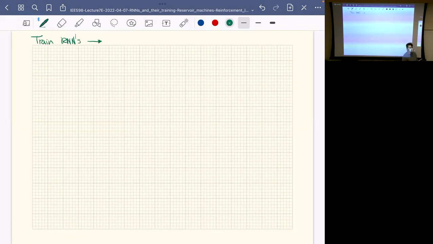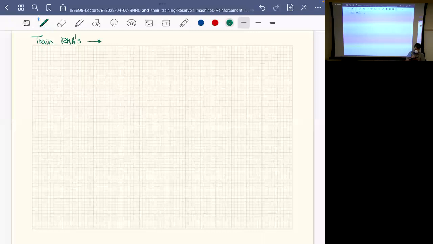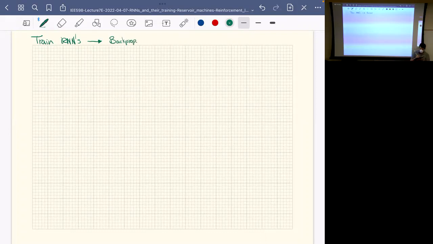You could try genetic algorithms, all sorts of optimization meta-heuristics we've talked about. But one common method is backpropagation through time, or BPTT.